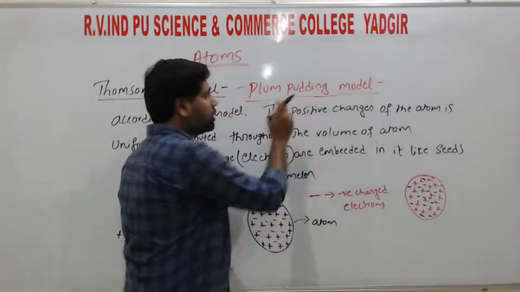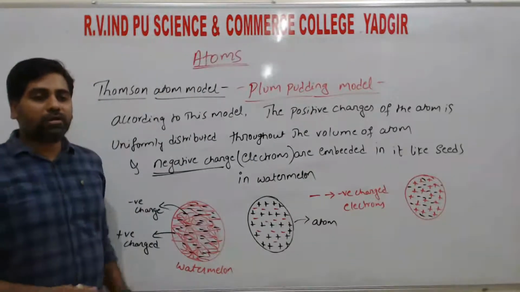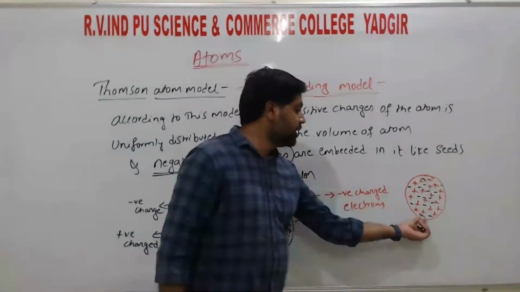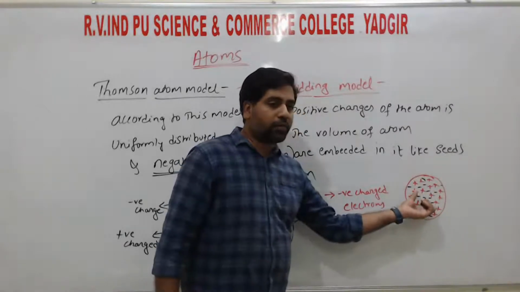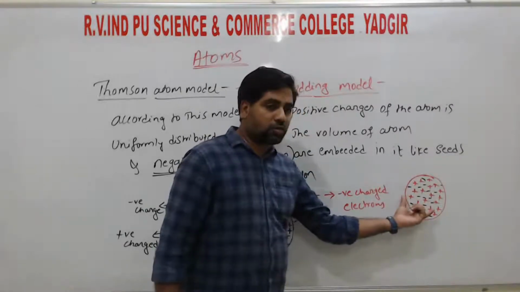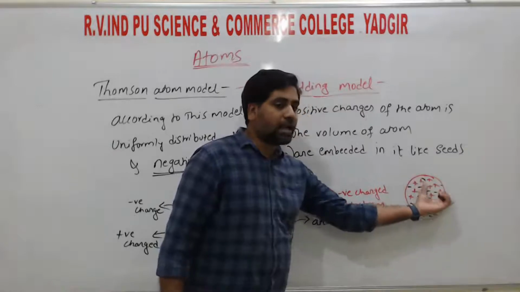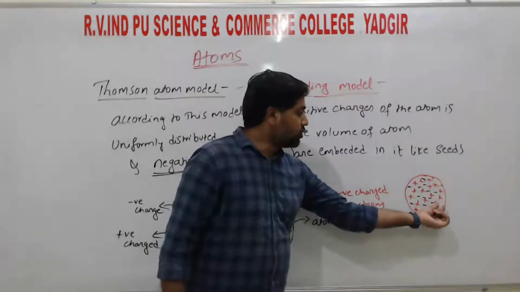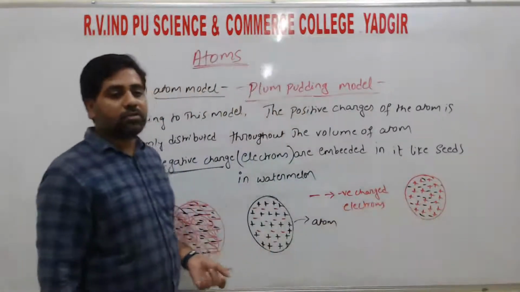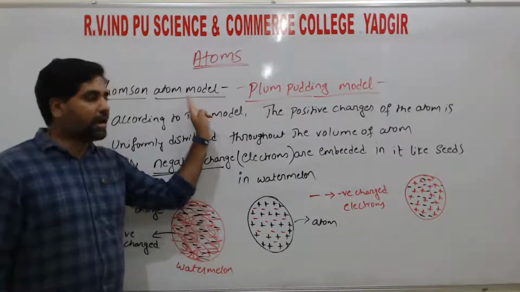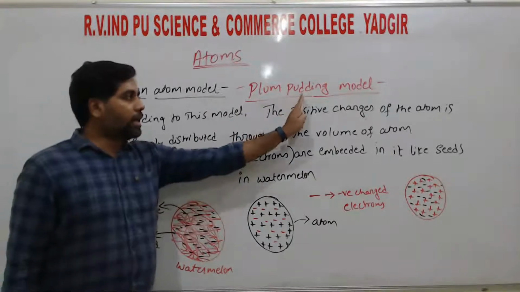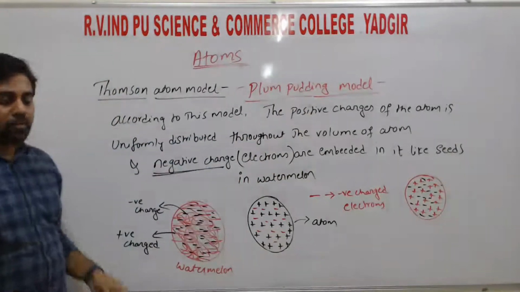The dry fruits represent the negatively charged particles, and the whole edible part of the cake, the cake has the maximum quantity, so that is compared with the positive charges. Hence they gave the Thomson model the name plum pudding model, right?